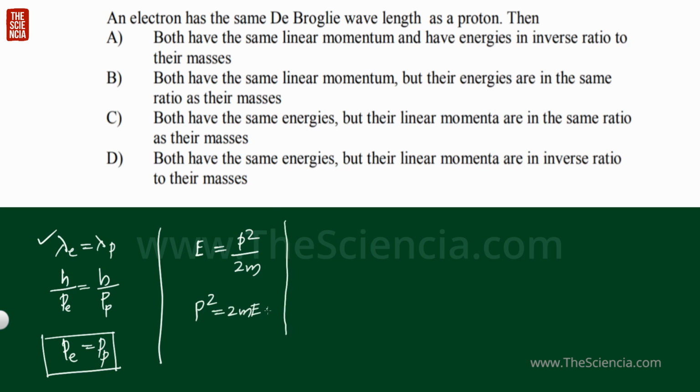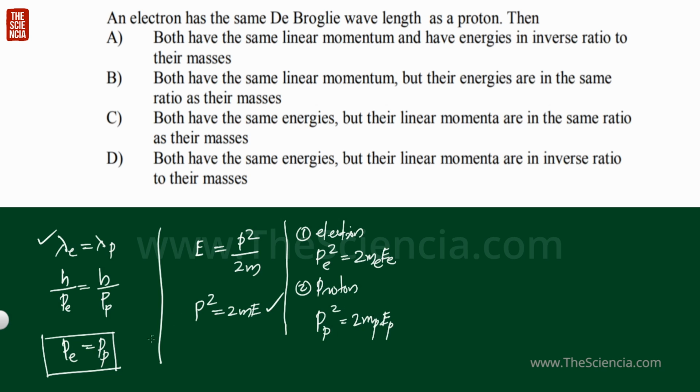Now I can make two equations from this: one for the electron, that is Pe square is equal to 2me Ee, and another for the proton, that is Pp square is equal to 2mp Ep.